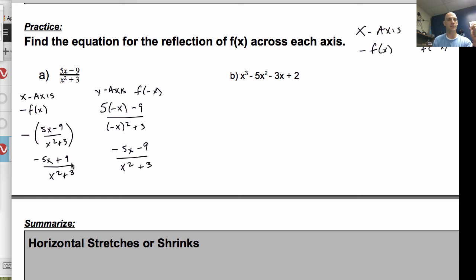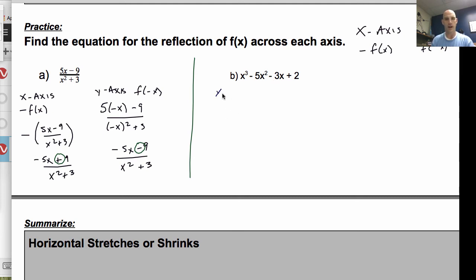Well, check it out. What's the difference here? The difference is that I've got a plus 9 here and a minus 9 here. They are different, slightly, but it's significant. Go ahead and pause here. Try this next one. You're going to evaluate negative f of x and f of negative x. When you come back after the pause, I'm going to show you and do it with you.